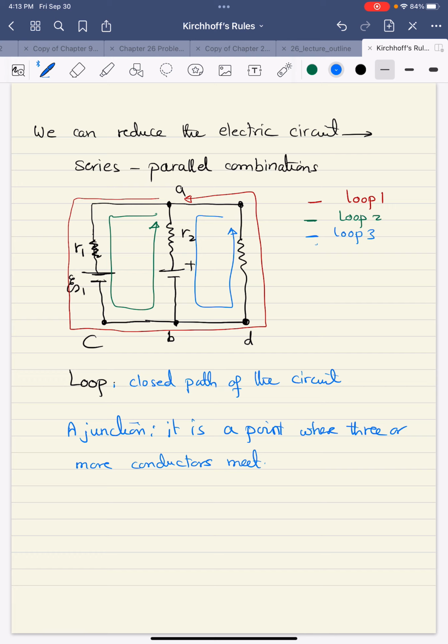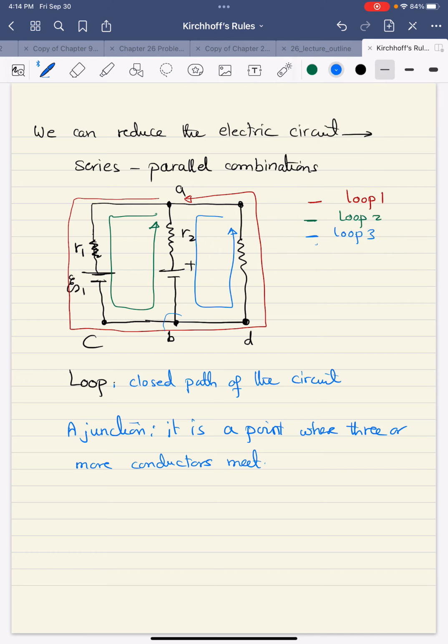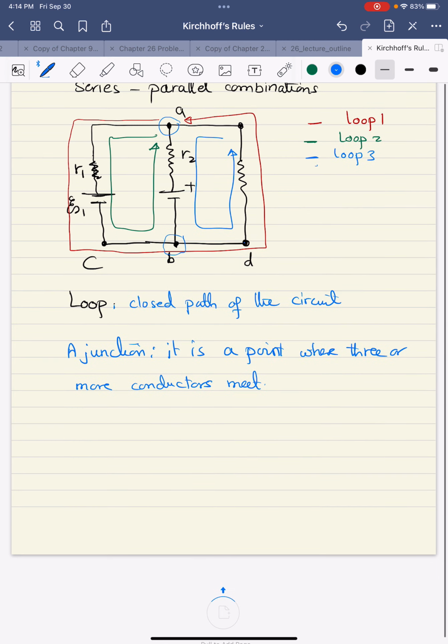This is a junction here. This one is not, this one is not. And of course this one here is also a junction.